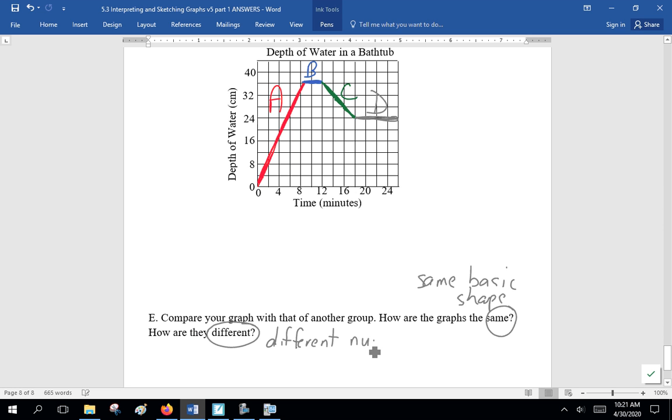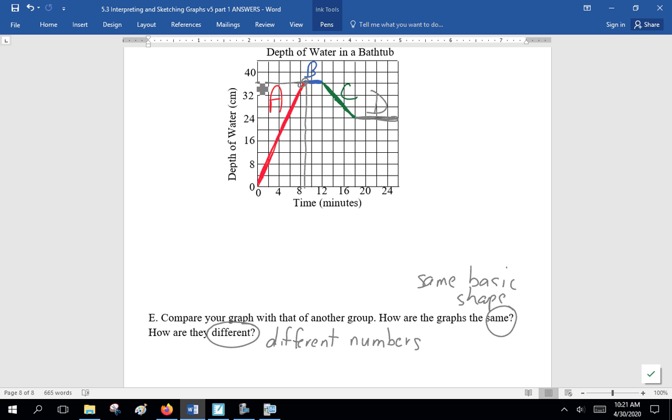Different numbers. Notice mine stopped at like 9 minutes. I noticed it was overflowing at 36 centimeters of water. Did you have 9 and 36? Probably not. Something like 8, 10, 4. As I said, this all depends on the tub.